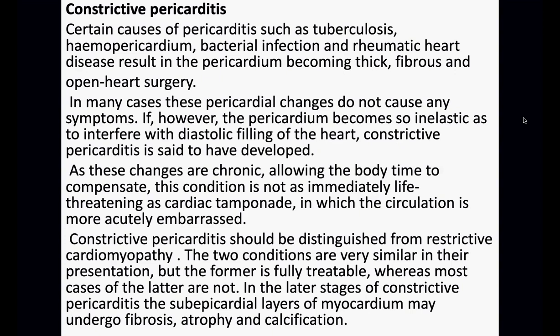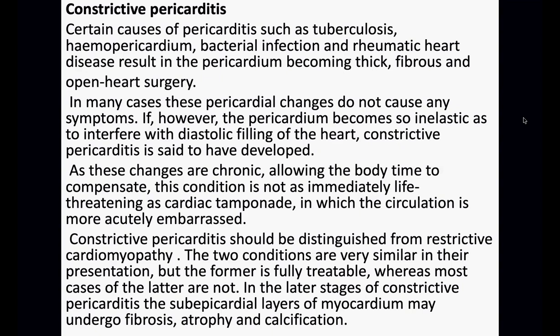Constrictive pericarditis should be distinguished from restrictive cardiomyopathy. The two conditions are very similar in their presentation, but the former is usually fully treatable, whereas most cases of the latter are not. In the later stage of constrictive pericarditis, the subepicardial layer of myocardium may undergo fibrosis, atrophy, and calcification.